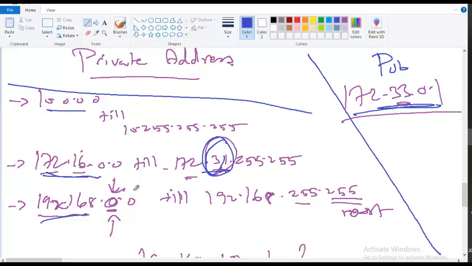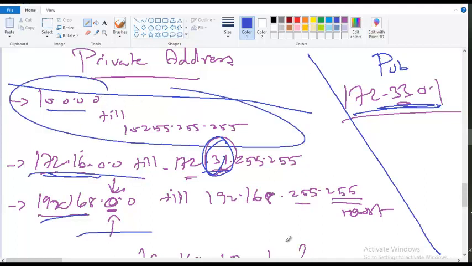If you are using a public IP address, you should use the one which is given by the service provider, the internet service provider. That is a public IP address. But the private IP address, which you are going to use within an organization for all these 1,000 computers, your company only needs to decide. You can decide to use the 10 network or 172 or 192, it's up to you.